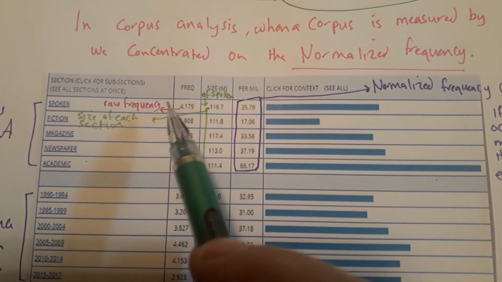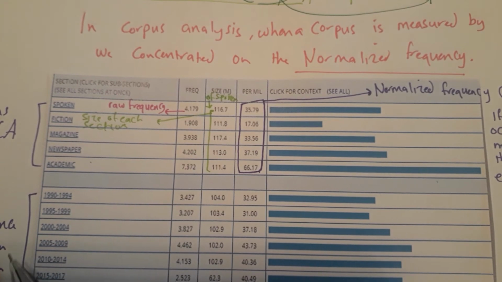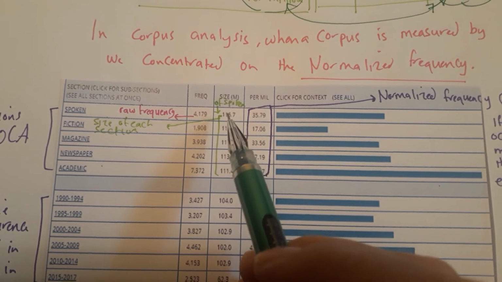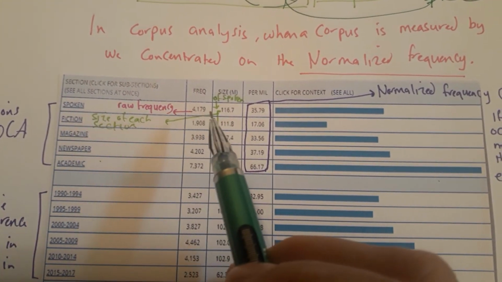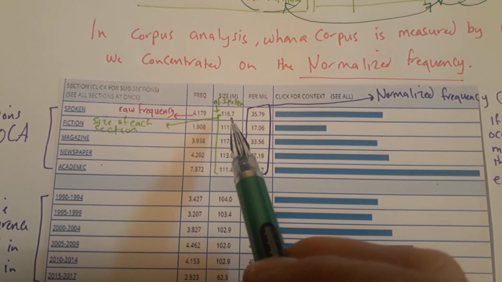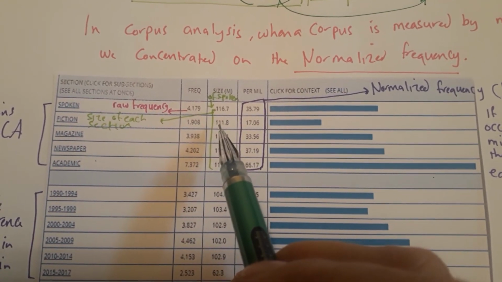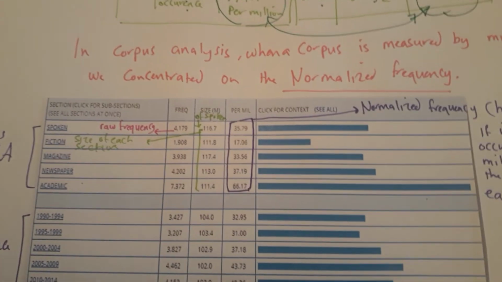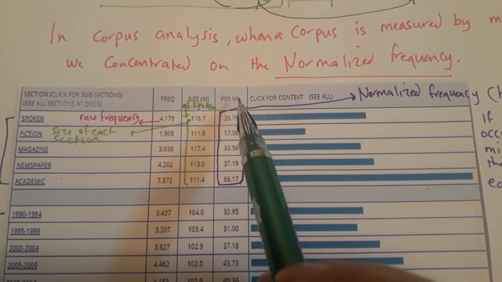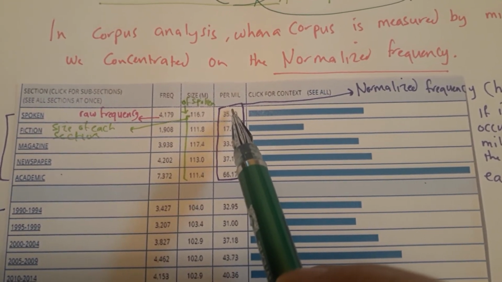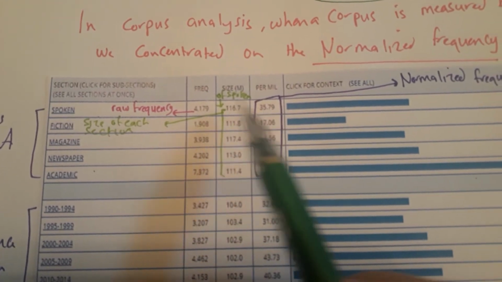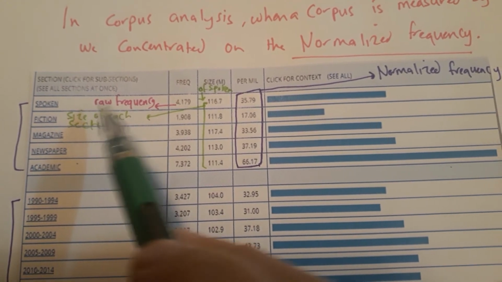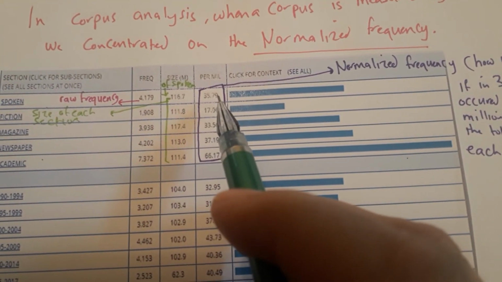This is the raw frequency of if in the third type in the spoken subsection. Now we have size. Size here represents the size of spoken, 116.7. Now we have this size, which represents the fiction subsection. Now we have the per million frequency. The per million frequency represents the occurrences of if in the third type in the spoken subsection. And we have to focus on this type.